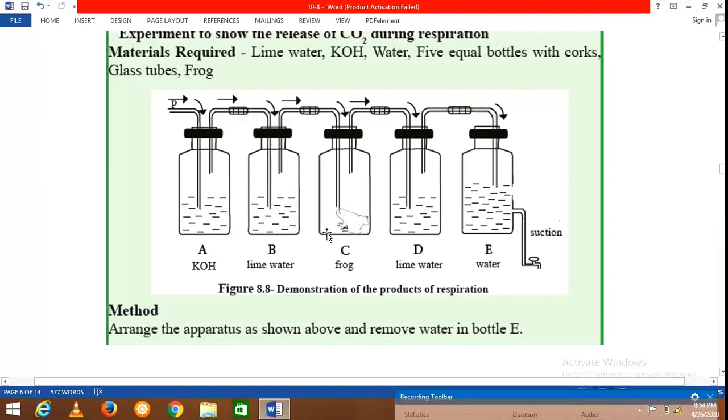Here we are going to show that carbon dioxide is released during respiration. The frog is used as a living organism for that purpose. If we can't find a frog, we can use germinating seeds like germinating green gram. For bottle C, arrange the apparatus as shown above and remove water in bottle E by opening the tap.